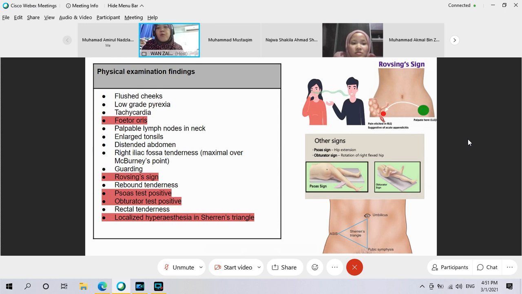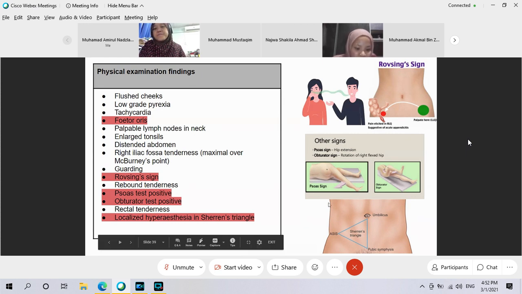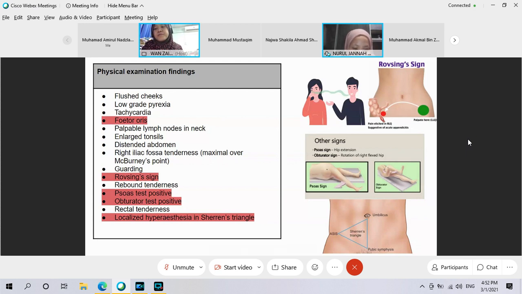Where is the McBurney point? Where do you place your hand when examining for appendicitis? Can you show it? At the middle? Distal laterally on a line drawn from the umbilicus to the right anterior iliac spine.